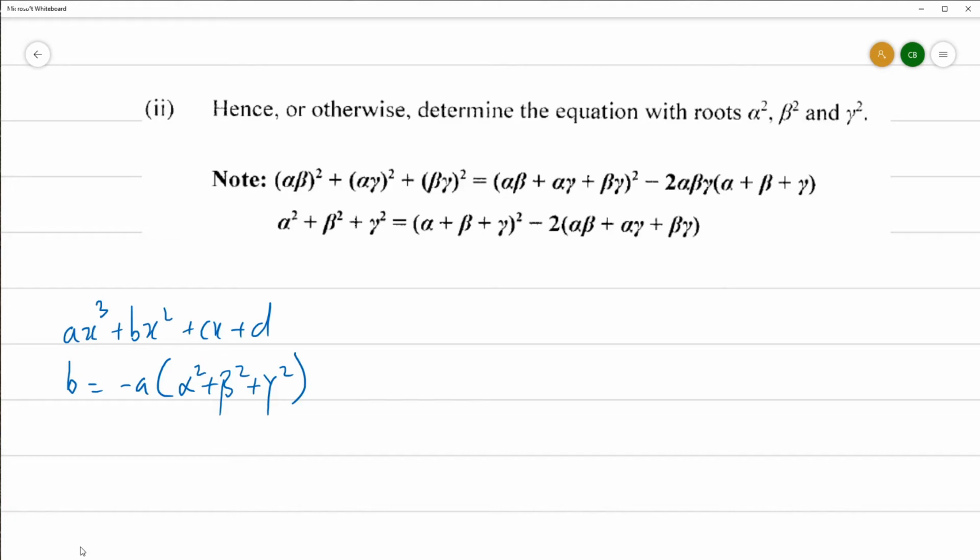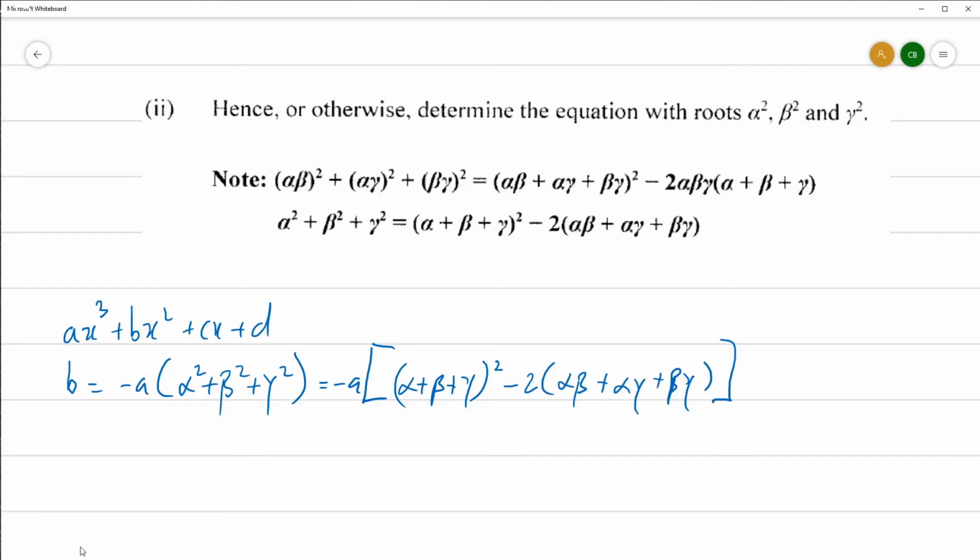So that is equal to minus a, alpha plus beta plus gamma, all that to be squared, minus 2 times alpha beta, alpha gamma, beta gamma.